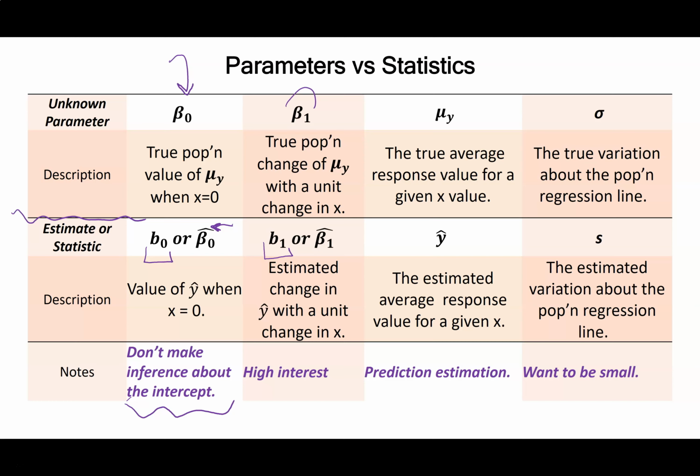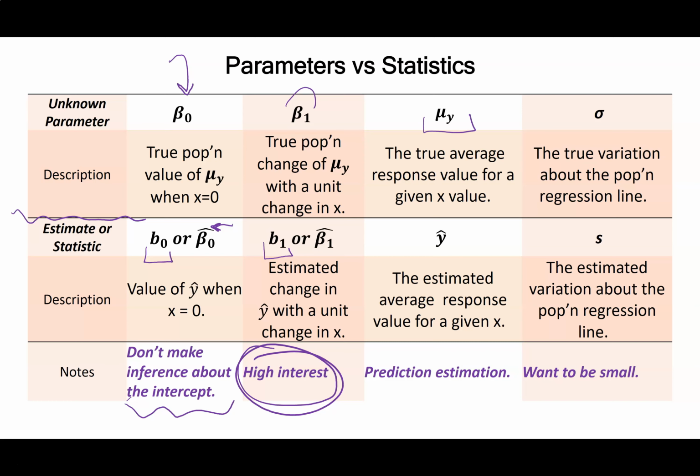We don't usually care to test it that badly. It's not our focus. Usually our focus is going to be that value of the slope. We want to know what's happening to the response variable when we change the explanatory variable. We want to know, if I increase the explanatory variable, is it increasing or decreasing the response, and by how much? We're really interested in the slope.